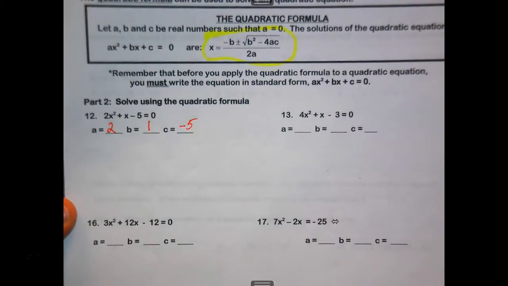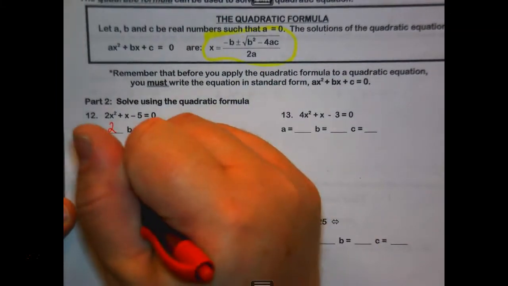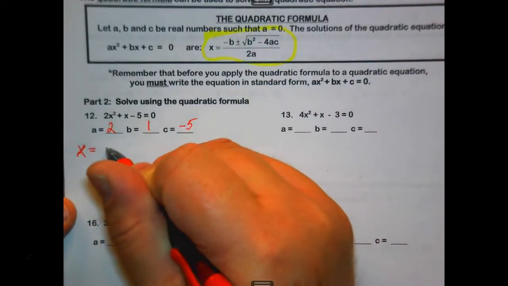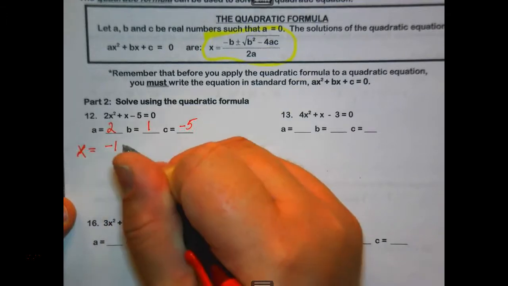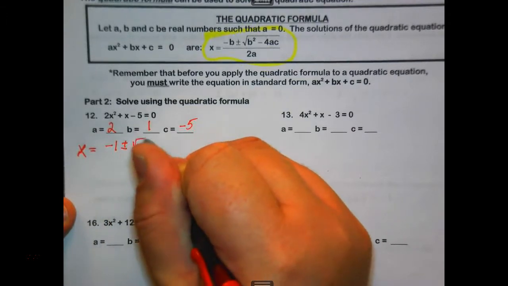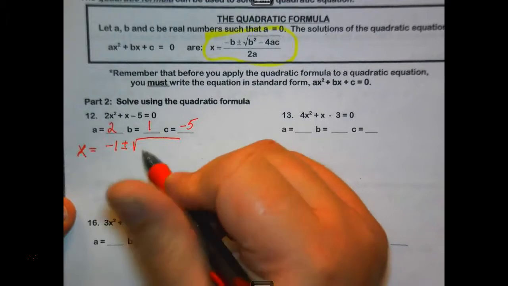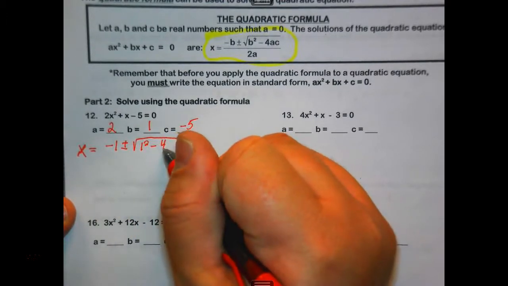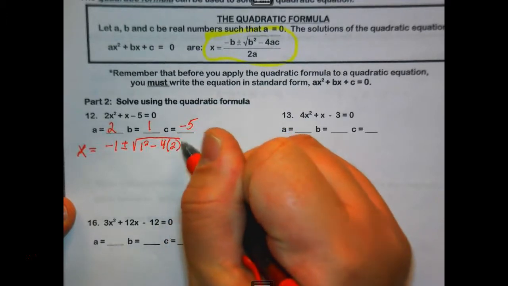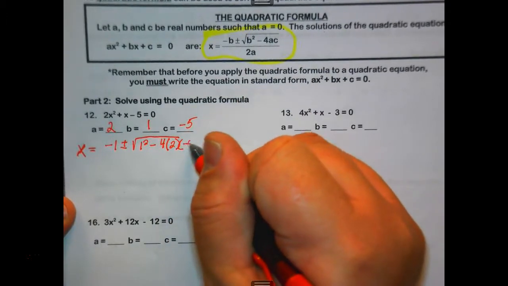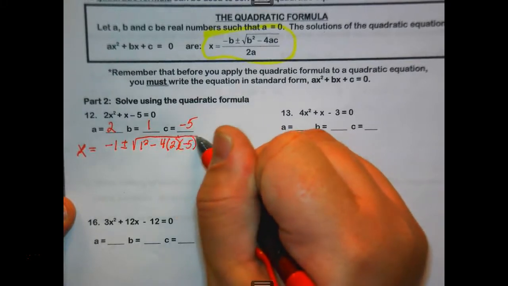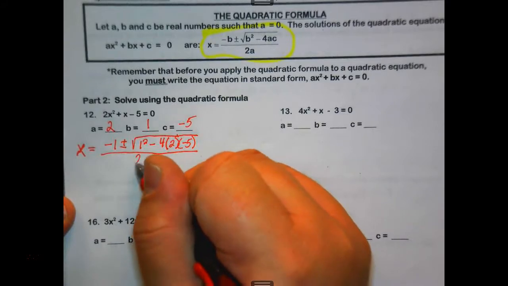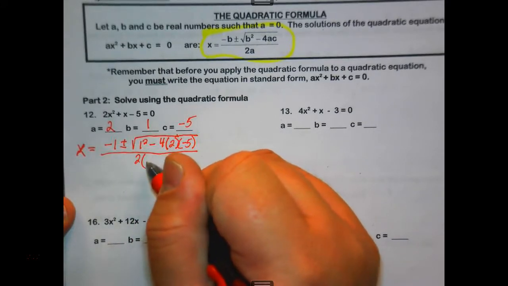Let's follow our formula. x equals negative b, which is negative 1, plus or minus the square root of b squared, 1 squared, minus 4 times a, which is 2, times c, which is negative 5, all over 2 times a, and our a is 2.